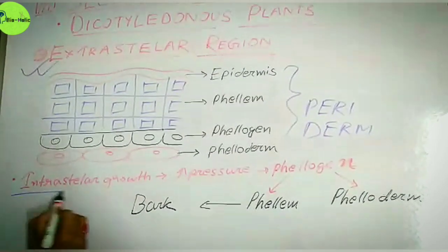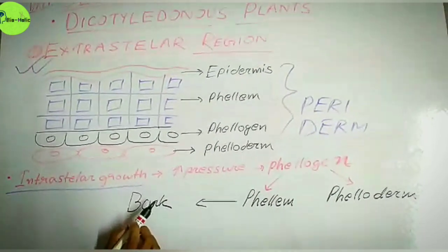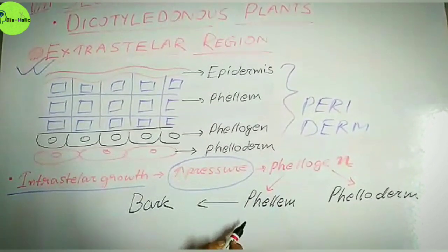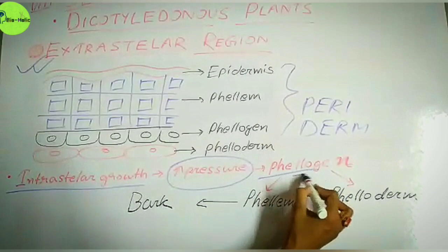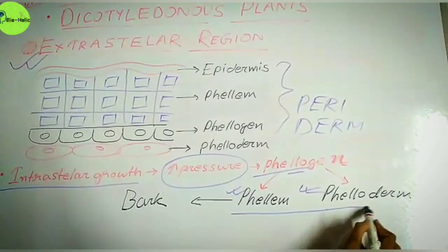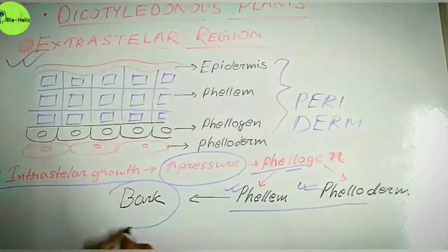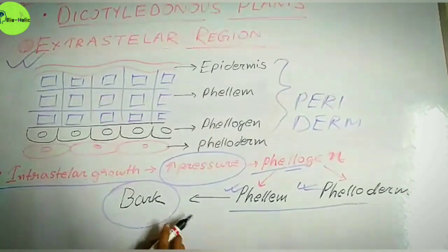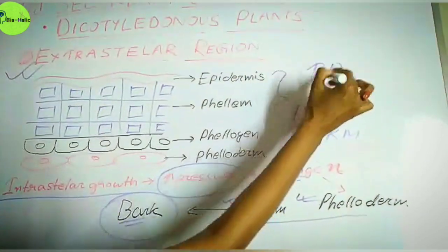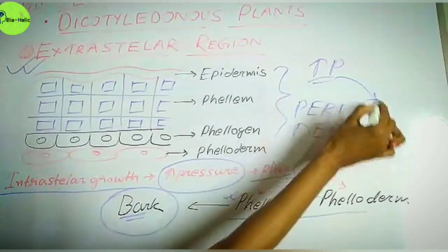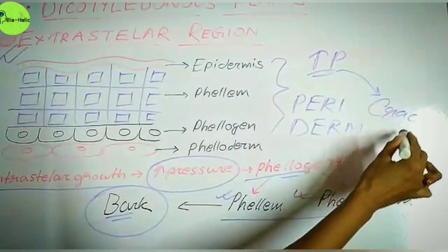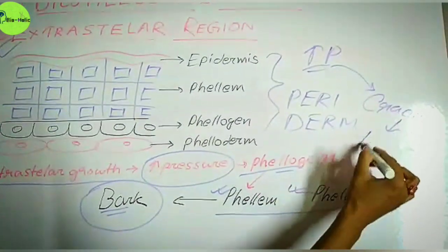Due to the growth in the intrastellar region, there is an increase of pressure, and that causes division of phellogen into phellem and phelloderm. This phellem and phelloderm give rise to the bark area of plant, and this formation of bark causes increase in pressure, and that helps in the crack and formation of the lenticel.